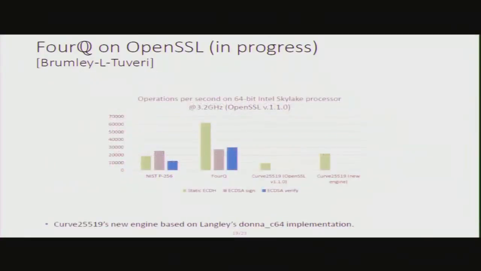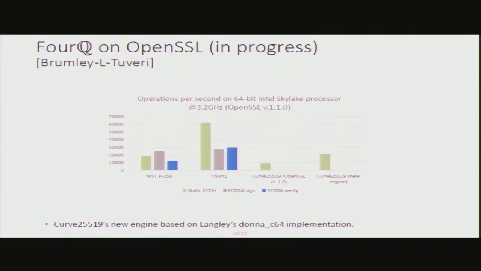Let me show you the preliminary results in OpenSSL, in this case on a 64-bit Intel Skylake processor, to show the kind of performance that we achieve when we compare NIST P256 and Curve25519 against the 4Q implementation. Here we show the cases of static ECDH and also ECDSA, not for the case of Curve25519.